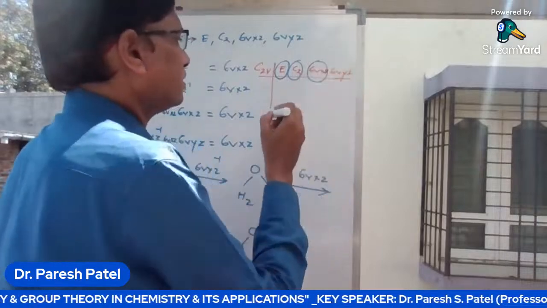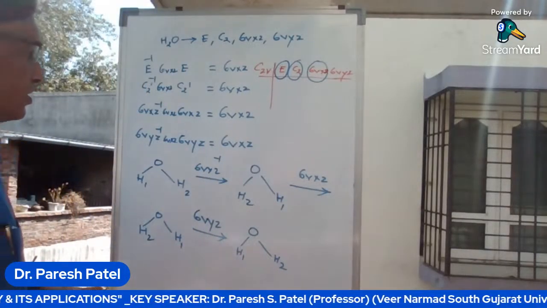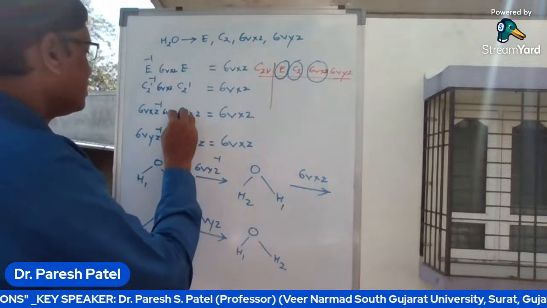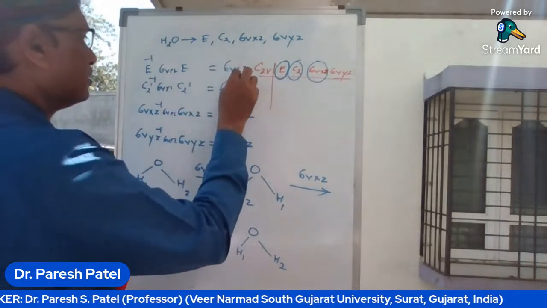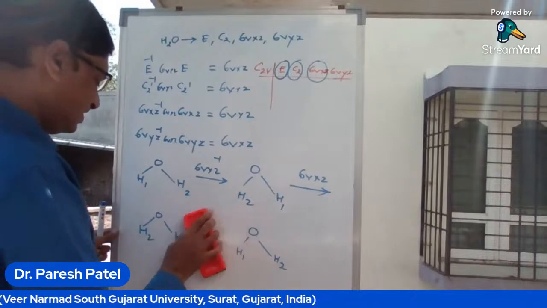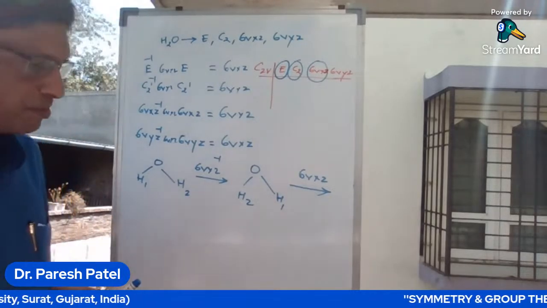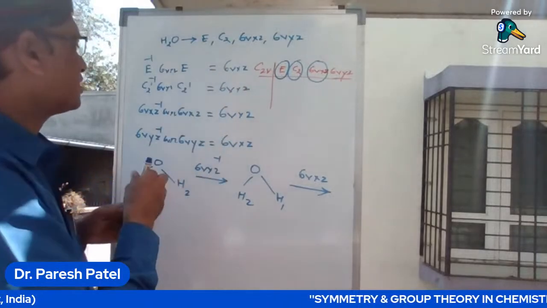Sigma xz. And the last one, if you operate sigma v yz, then it should be sigma yz. Okay, the first one will be the same.